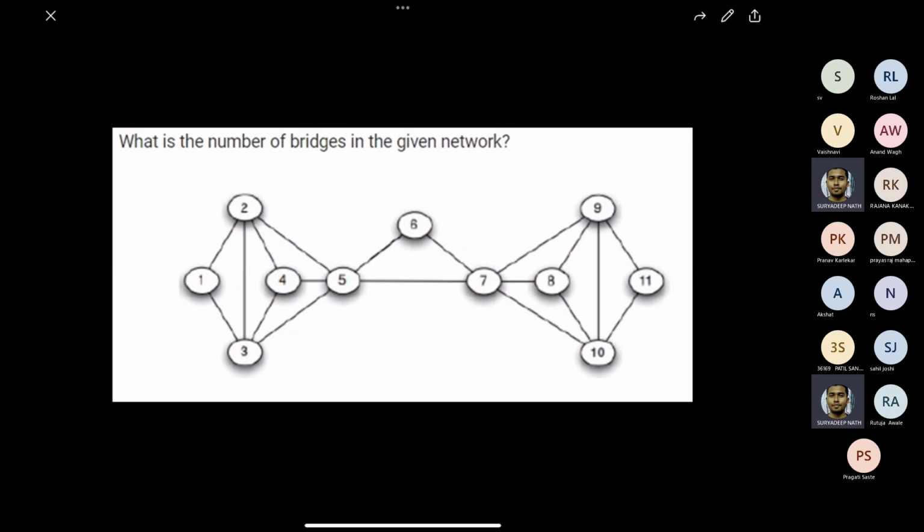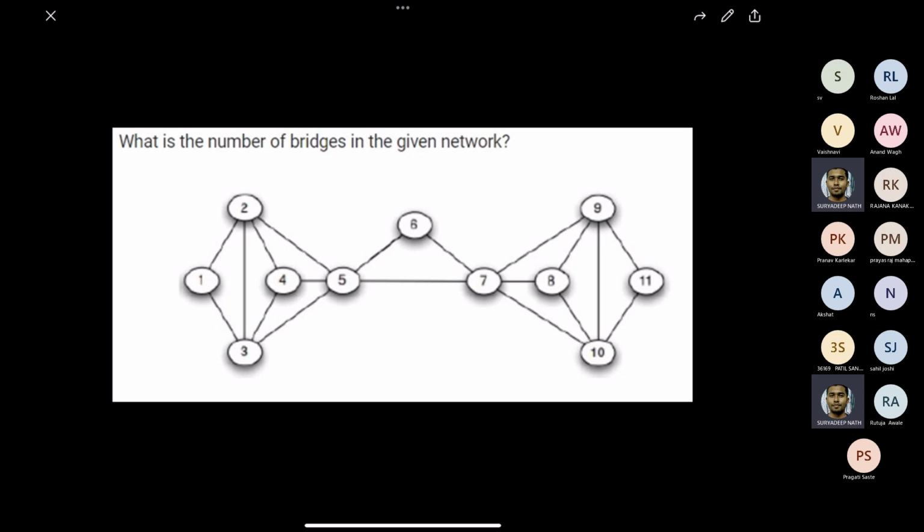So what is the number of bridges? If I consider a local bridge and a normal bridge, for a normal bridge, if we remove that, the graph becomes disconnected.